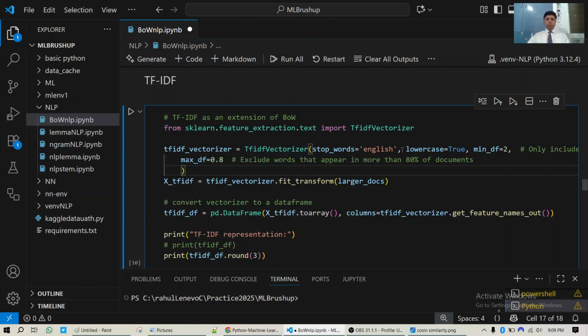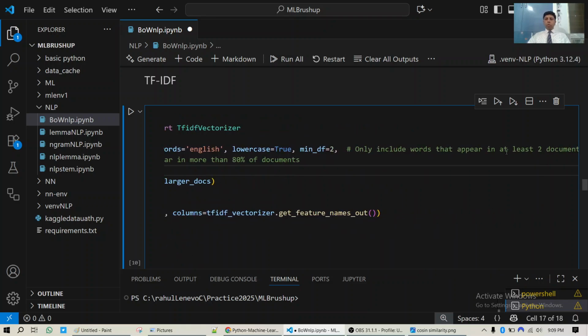This is the setting that we are going to use: the English stop words to detect the tokens, and we are going to make those tokens lowercase. I'm interested in finding the meaning of all these words, so we keep only words that appear at least two times.